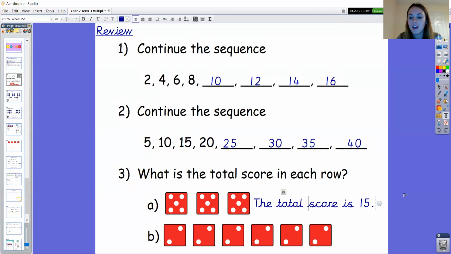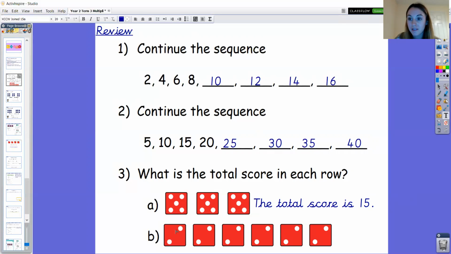Fantastic. Okay, let's have a look at row B. What did you find was the total score? Well done. Let's check together. So I noticed that there are 2 dots on each dice. So we're going to be counting in multiples of 2.